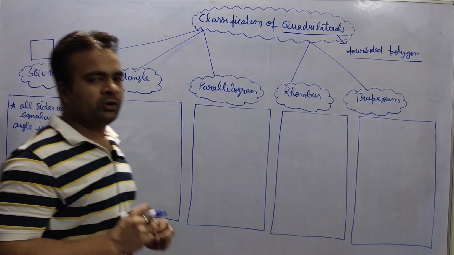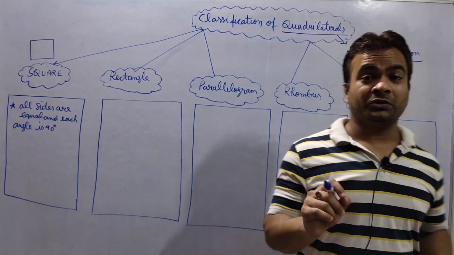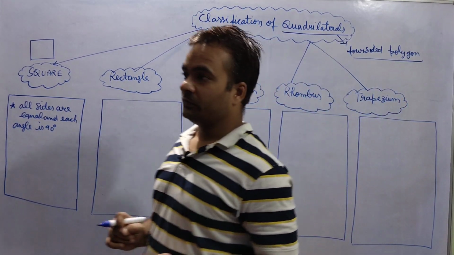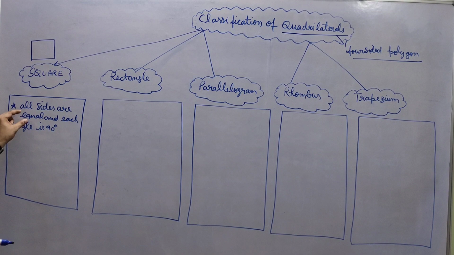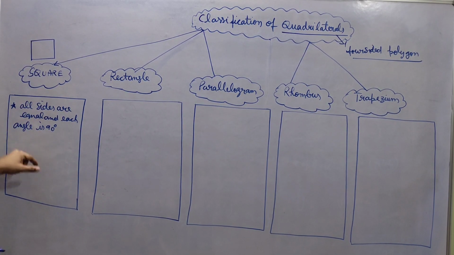If each angle is not 90 degrees, then you cannot say that it is a square. So we have to see both conditions together. It means both conditions should be satisfied by the figure. If they are, then we will say that it is a square.